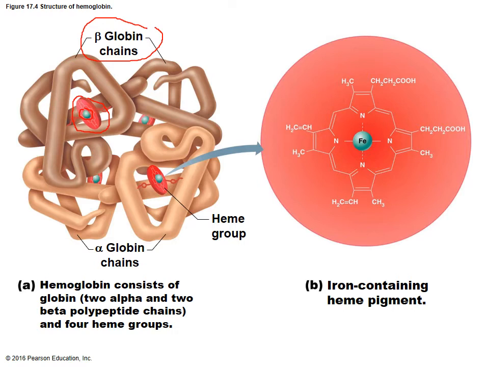The lighter shade, I guess this would be like a khaki, represents the 2 alpha globulin chains, and as you can see, you have 1, 2, 3, 4 heme groups representing the end of each of the globulin chains, and at each of them you have the iron indicating that you're able to carry 4 oxygen molecules per hemoglobin.